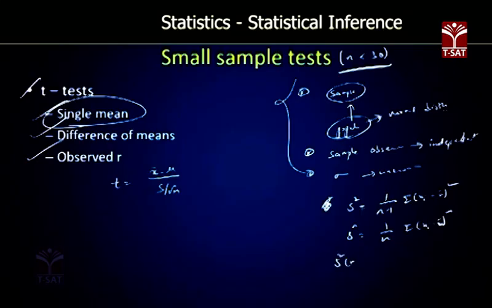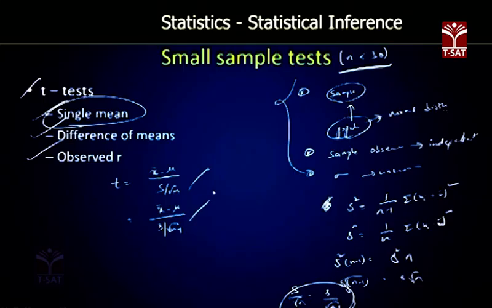Capital S square into n minus 1 is equal to small s square into n. When you take the square roots, capital S into under root n minus 1 is equal to small s into root n. Now capital S by root n is also equal to small s by under root n minus 1. We can write this as x bar minus mu by small s by under root n minus 1. We can use either of these two formulas.